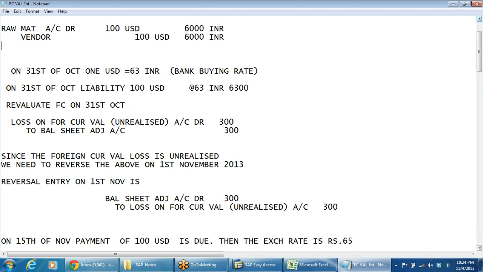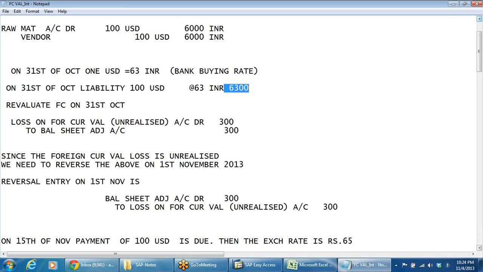We need to consider the loss on foreign exchange, that valuation, right? So on 31st of October, I'm going to reevaluate my vendor outstanding amount. I have to show my shareholders what is the liability that we have towards the vendor. So on 31st of October, 1 USD is equal to 63 INR, and on that date the liability of 100 USD is equal to 6,300.